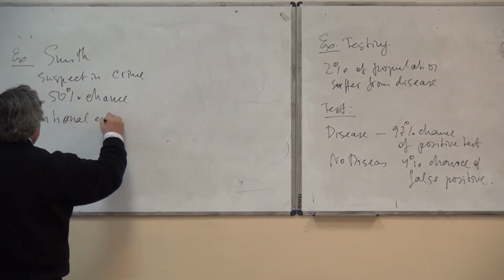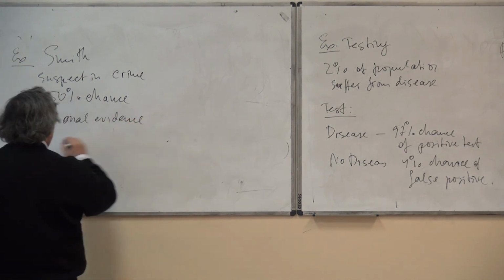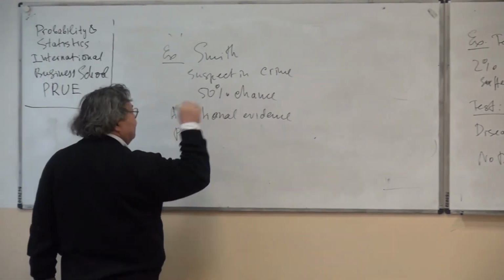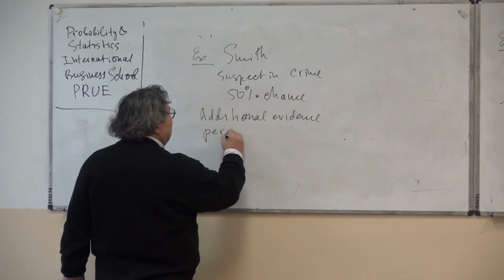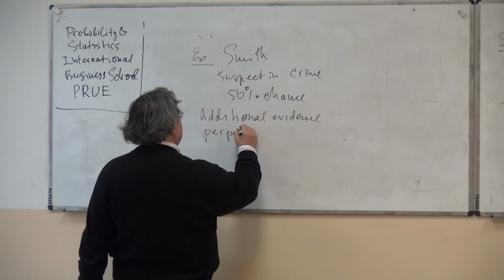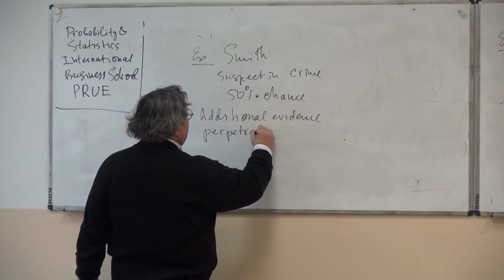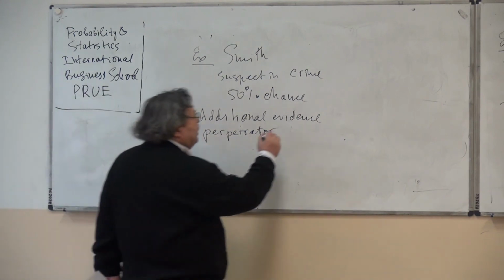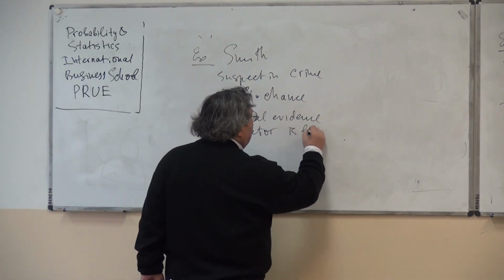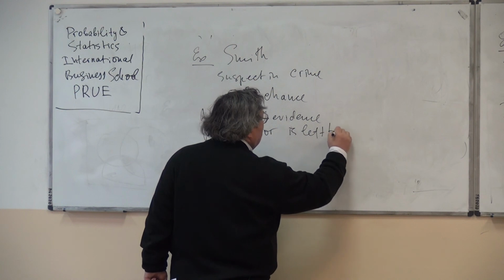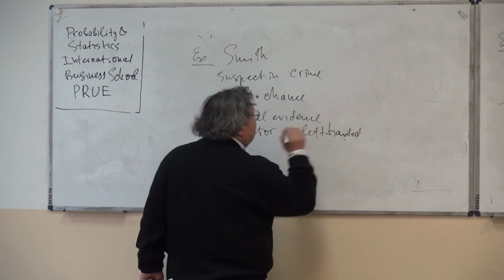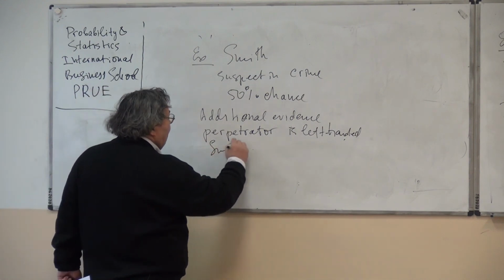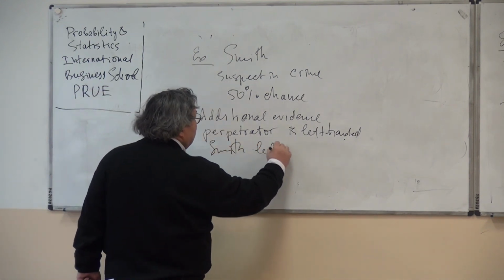In police terminology, the person who committed the crime is called the perpetrator. The perpetrator is left-handed. This is some additional evidence. And Smith is left-handed. Smith is left-handed.